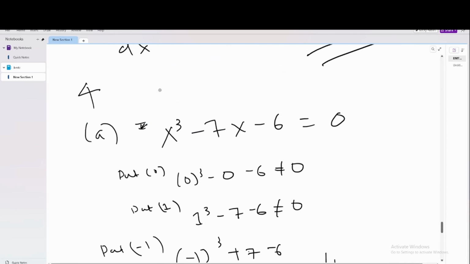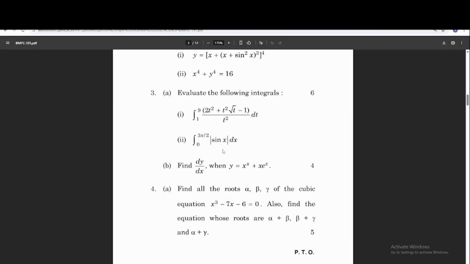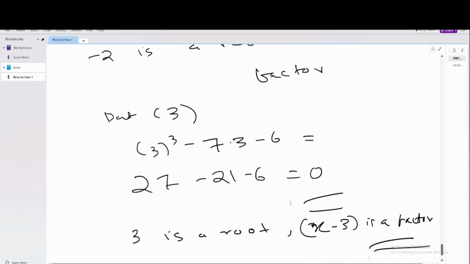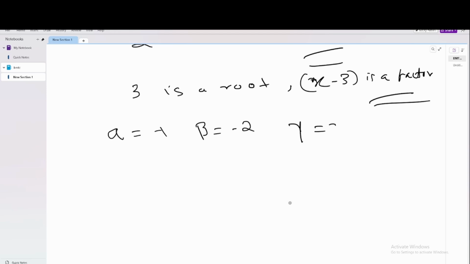So alpha, beta, gamma: alpha is minus 1, beta is minus 2, gamma is 3.